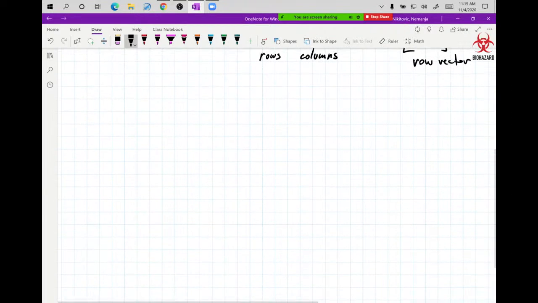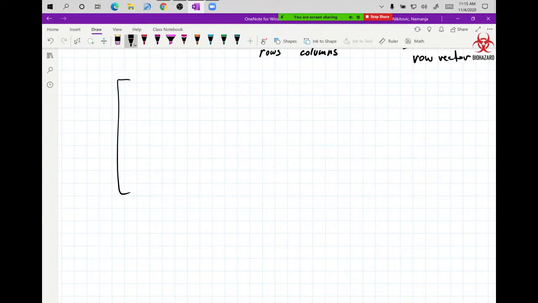Now, each entry of the matrix is labeled with its two-dimensional position. So if this is the matrix A containing elements lowercase a, then the top left would be A11, which stands for row 1, column 1.